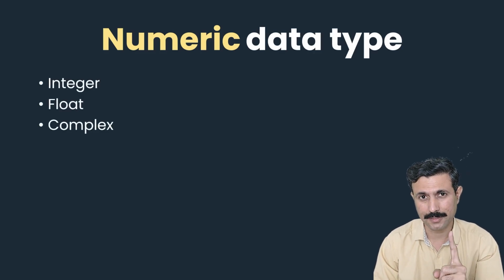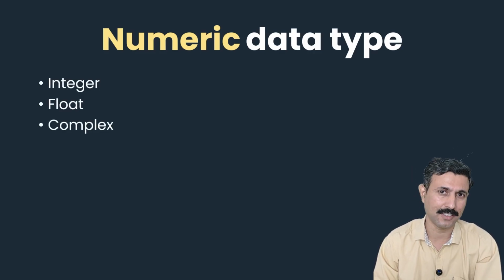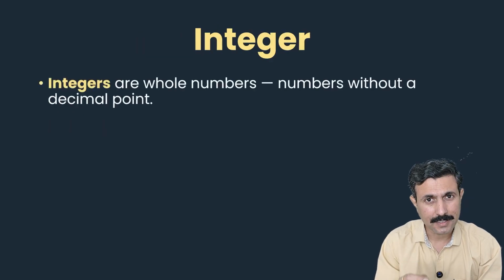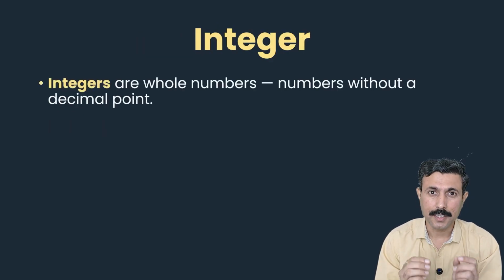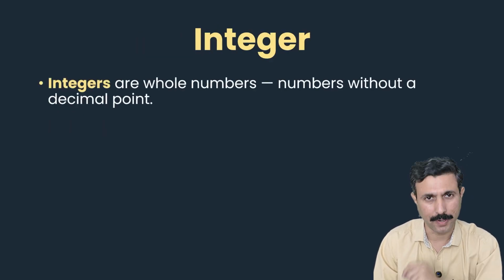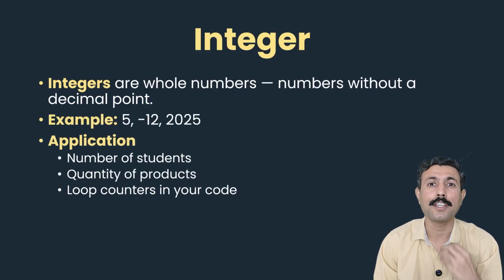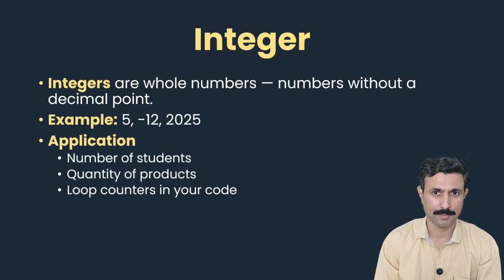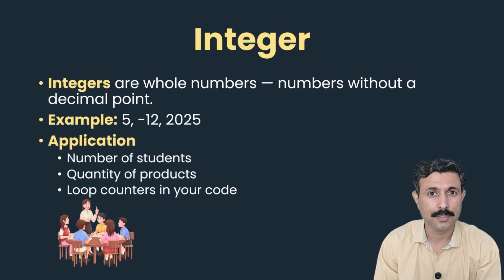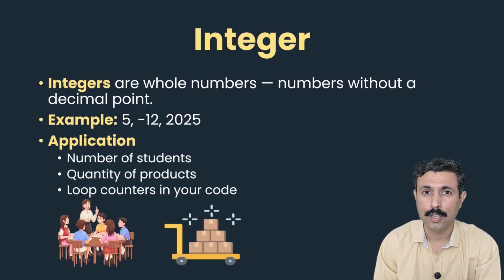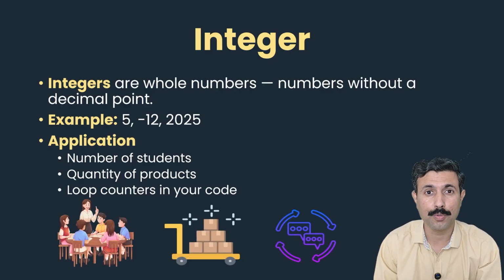So in step 1, let's start with integer. Basically, integers are whole numbers, numbers without a decimal point. For example, 5, minus 12, 2025. They are commonly used when you want to count something, like the number of students, quantity of products, or loop counters in your code.